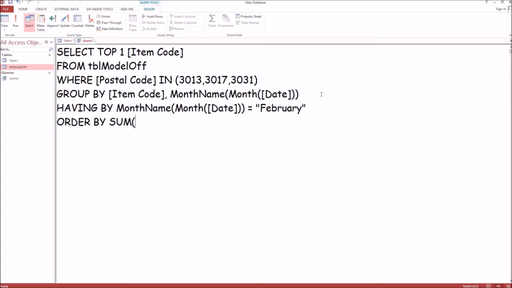So sum sales price per unit minus cost per unit, close parentheses, times quantity in descending order.